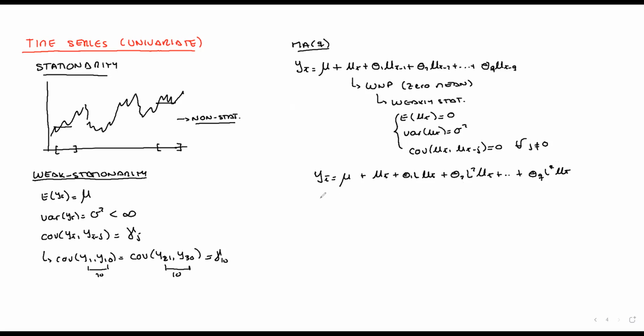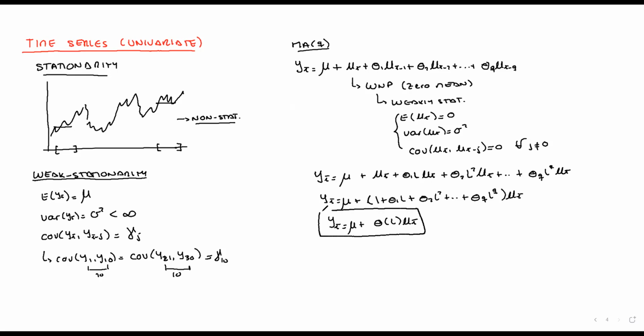If we take the common factor here, this is going to be simply equal to 1 plus theta 1 L plus theta 2 L squared plus theta q L^q, times u t. And then if you summarize these terms, this is the compact notation of my model.